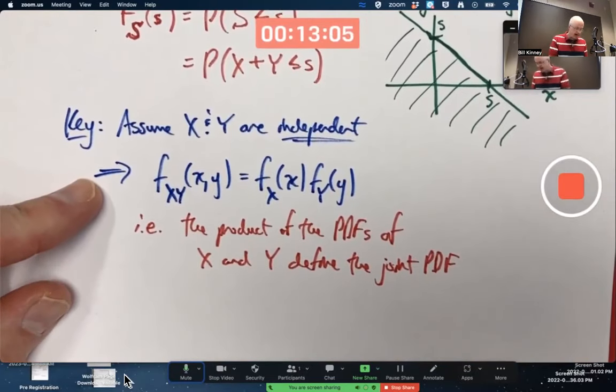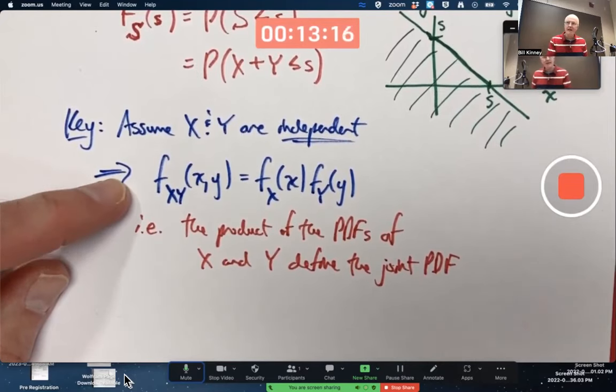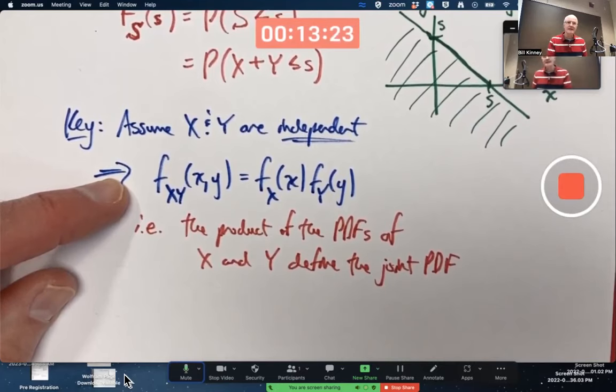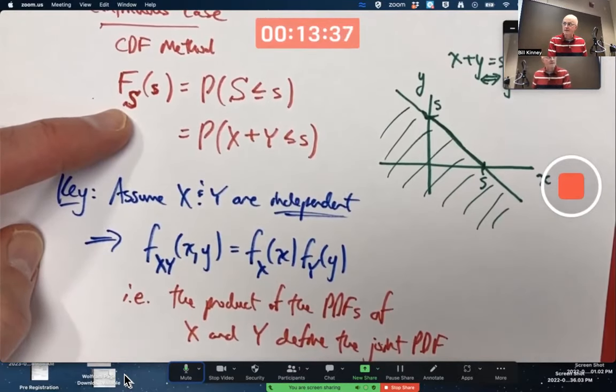This equation right there is the definition of independence. A bivariate random variable x and y will have x and y being independent random variables if and only if the joint PDF is the product of the marginal PDFs. That's a definition. Effectively, I'm using this definition to create a joint distribution where x and y are independent, for the purposes of figuring out the distribution of s. That's why we're doing this.